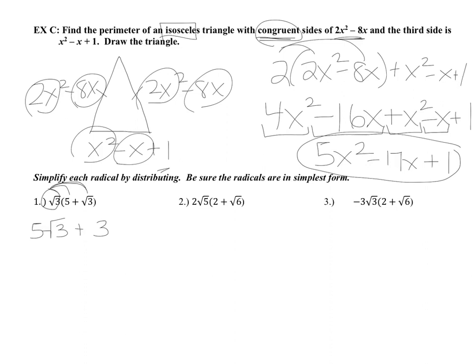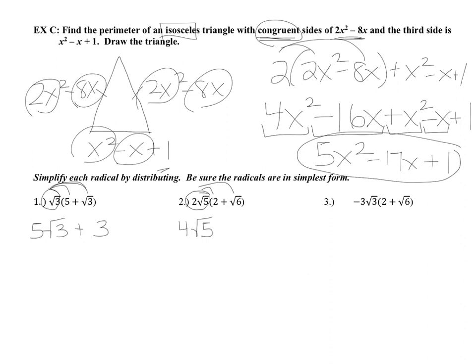Now the next one, we're going to do 2 square root of 5 gets distributed to 2 and the square root of 6. All right, so now 2 square root of 5 times 2, you can multiply the 2 and the 2 together to give me 4 square root of 5. And then in the next one, when I do 2 square root of 5 times the square root of 6, you can only multiply the square root of 5 and the square root of 6 together to get the square root of 30.